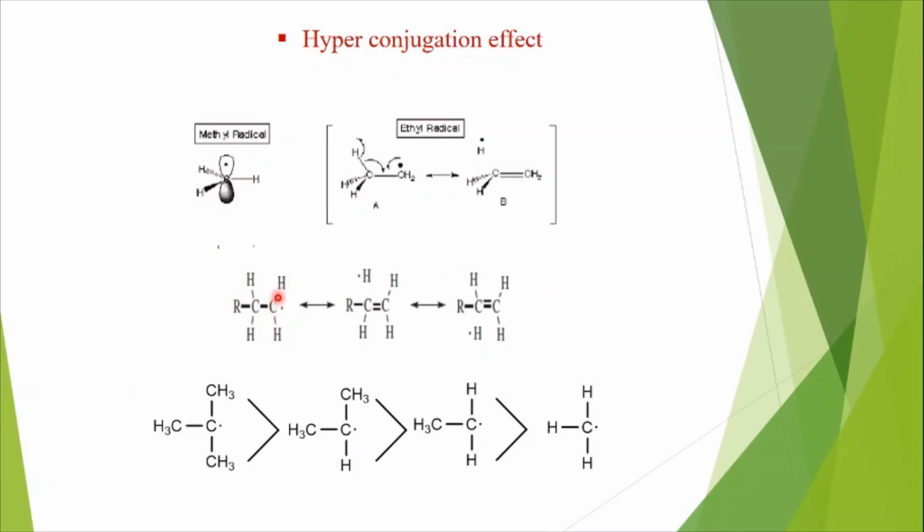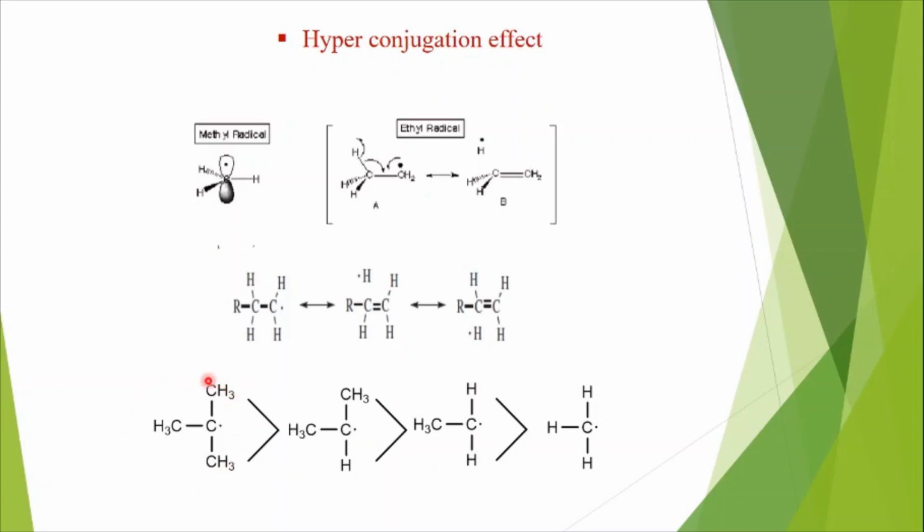So this bond will break like this, the alpha bond will break by hyperconjugation. You have C dot and H dot. Again the second hydrogen shows the hyperconjugation effect. Then this image shows the stability order of your tertiary, secondary, primary and methyl radical.